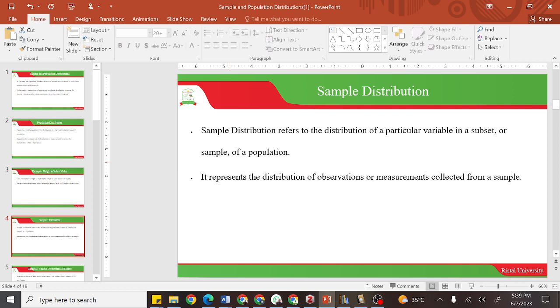Okay, so we usually base our conclusions on a sample. So in our sample, what is the distribution of the height, which is the variable in this case? The variable can be anything. It can be the height, it can be blood pressure, it can be anything that we can measure, or any characteristic that we have interest in.